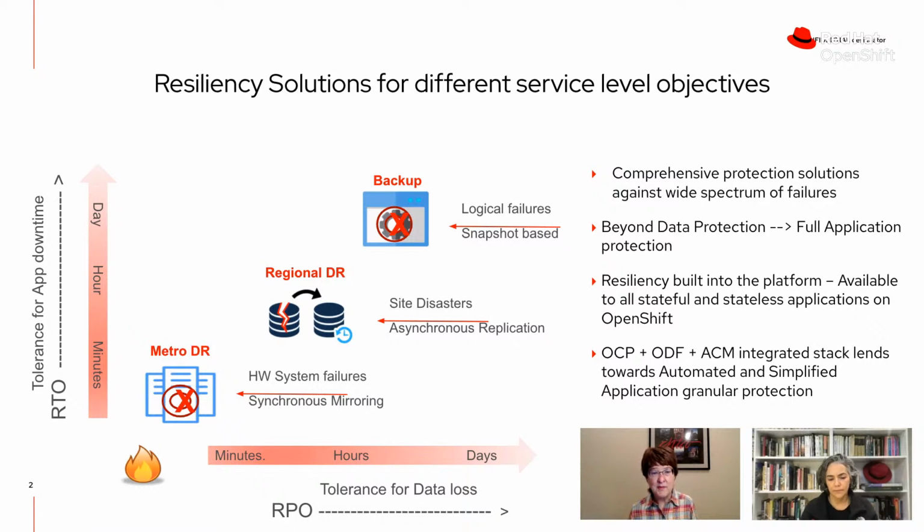I wait for all the replicas to be written, and then I ack back to the client. So at that point, the client can continue with the next IO. Because of that, we have to keep the distance limited, and so that would be the Metro DR. And I'll go into each one of these a little bit more.